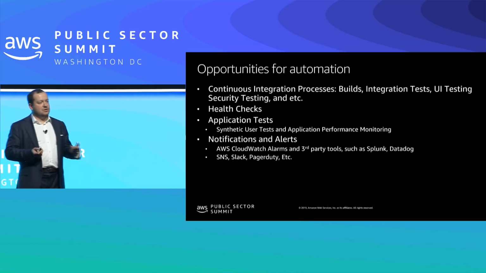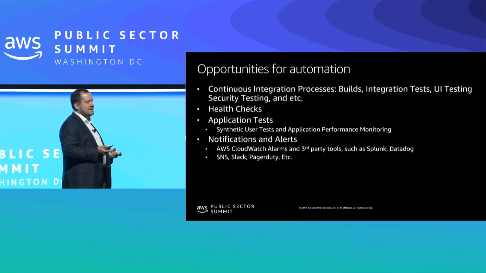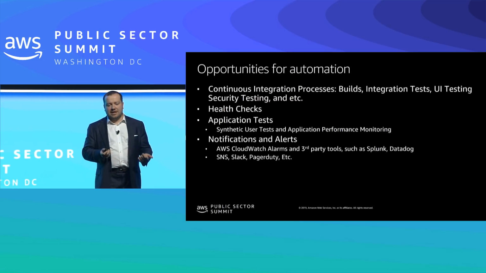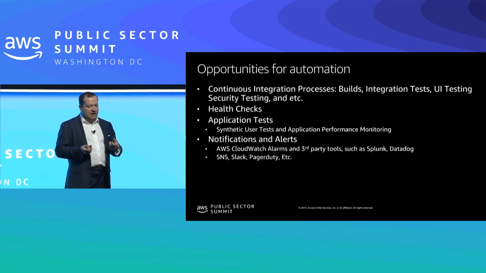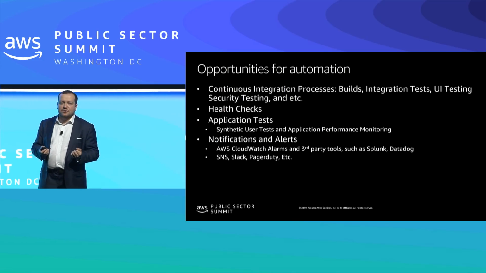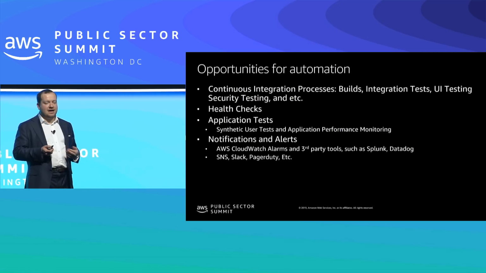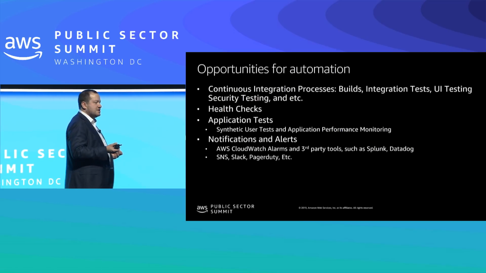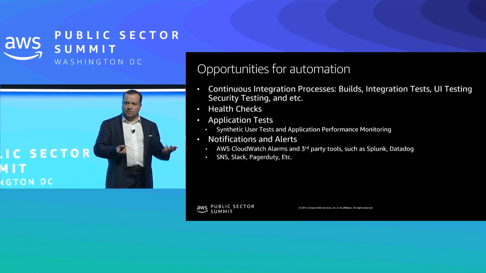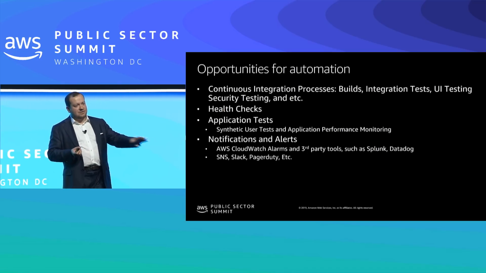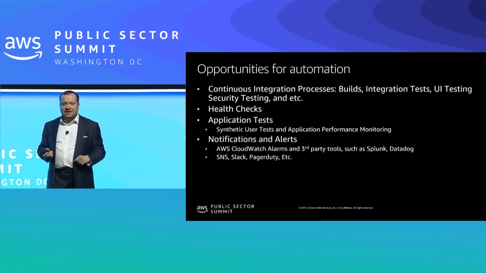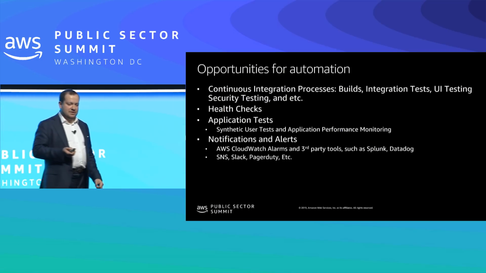That could give you push alerts on your phone, an SMS text message, or an email, so you can configure different consumers of that notification service. A lot of my customers have their alerts hooked up to something like Slack or other chat services, and we'll talk about how to do that. And also PagerDuty. If something's down and you've got to wake some people up at night, PagerDuty is a great tool for that.